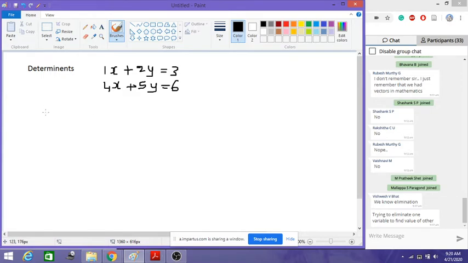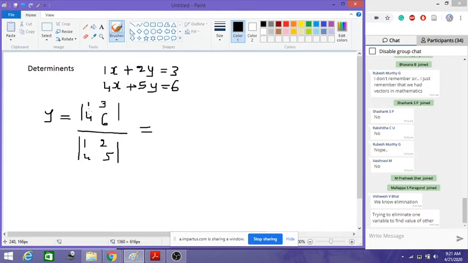Now if you want to find y with the determinant method, that can be written as follows. We'll take out the unknowns and write only the coefficients of x and the right hand side. So we have 1, 3, 4 and 6 divided by the coefficients on the left hand side, that is 1, 2, 4 and 5.